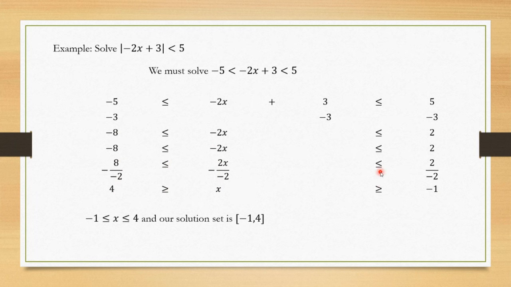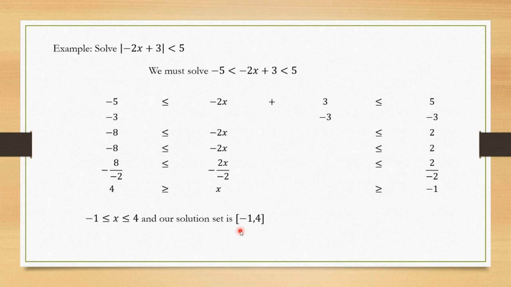Again, that's not because we're dividing, it's because we're dividing by a negative. And that's why we get x less than or equal to 4, greater than or equal to -1, as you can see. And that's equivalent to saying this, and so we get this closed interval.